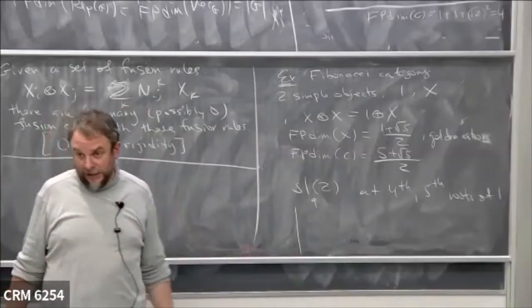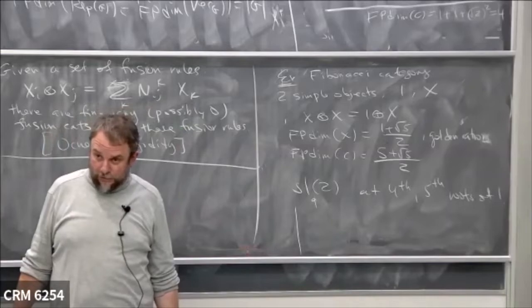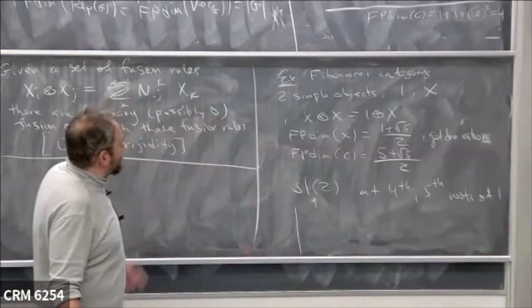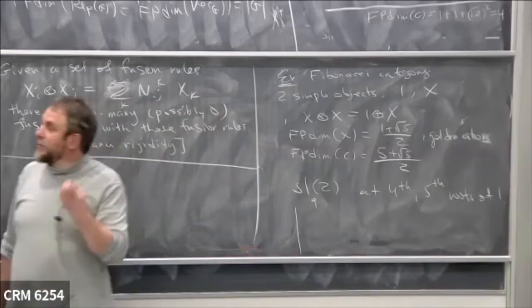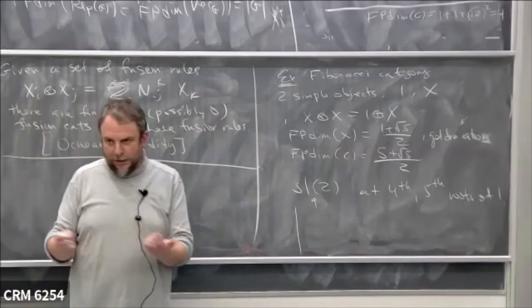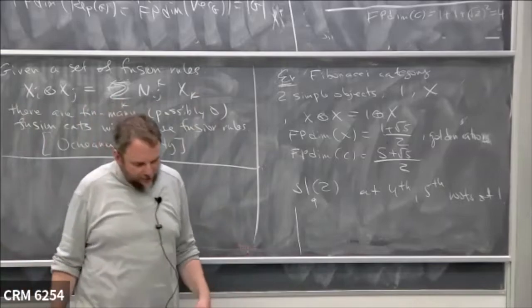You'll get a different category with the same fusion rules. Even without this, for the Ising category, this is not the only one. If I remember correctly, there are 4 categories with this fusion rule. So there exist others, but finitely many. And typically, it's not an obvious question. There can be 0, there can be 1, but finitely many in any case.